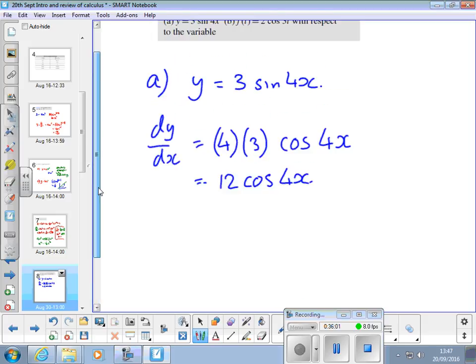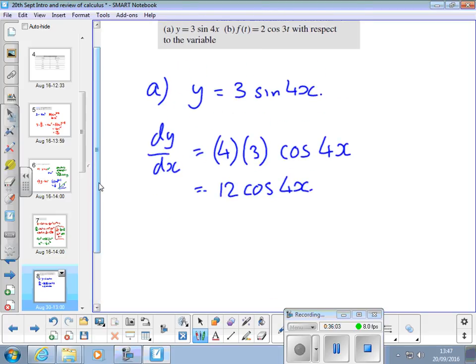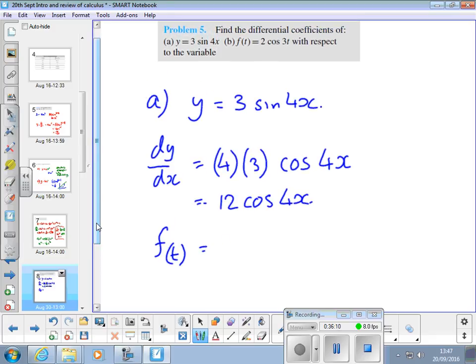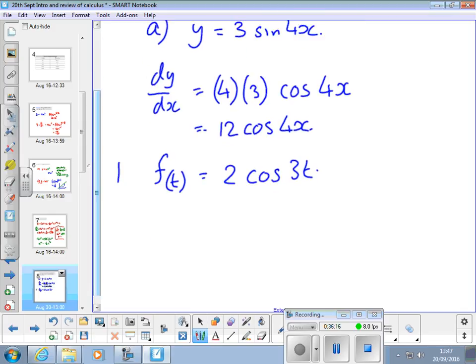And second one, f with respect to t is 2 cos 3t. What do we do with that one? Jordan? Yes, we bring the 3 down. 2 stays the same.